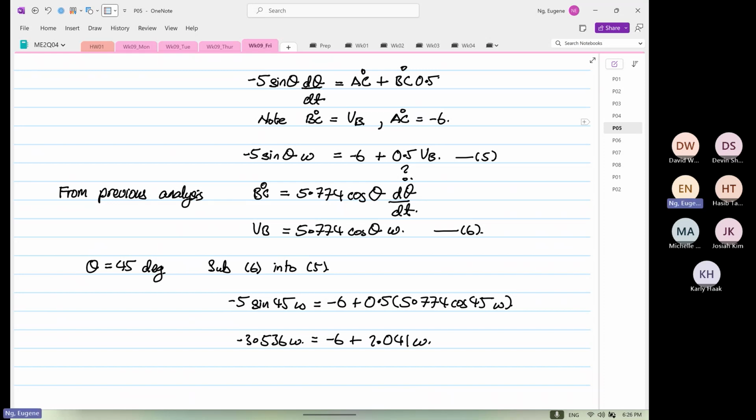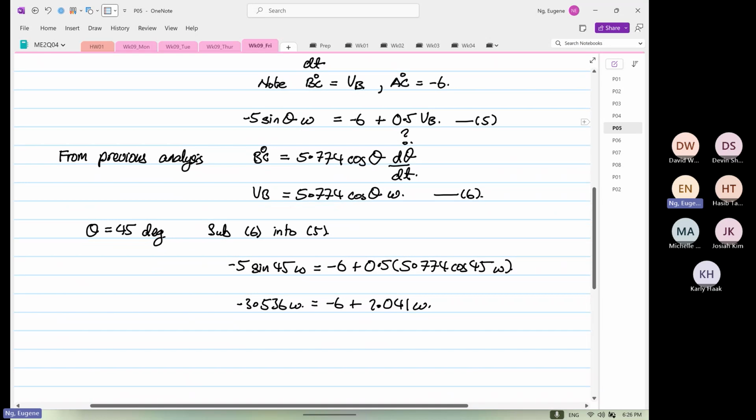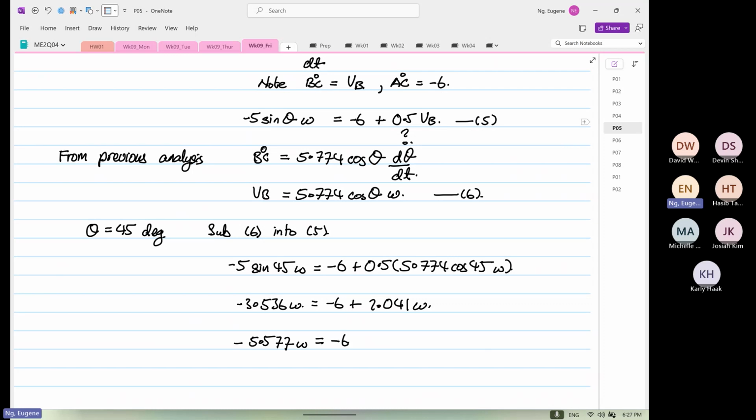So this will be equal to 3.536 plus 2.041. So it's 5.577 minus omega. This is equal to minus 6. Omega is equal to 6 divided by 5.577 is equal to 1.08 radians per second.